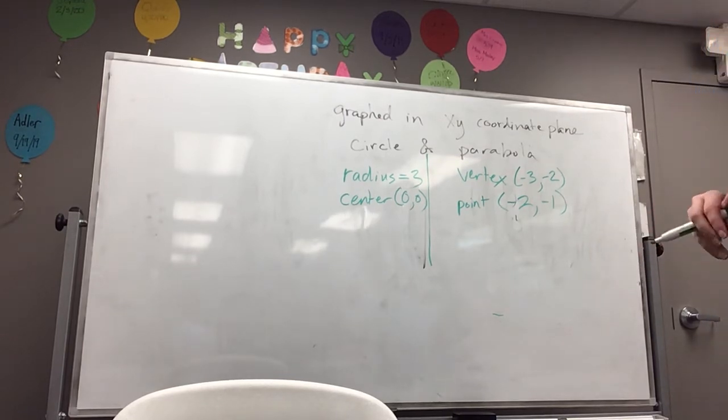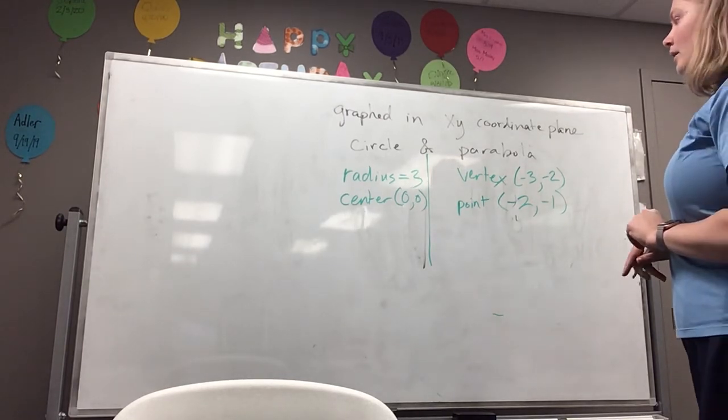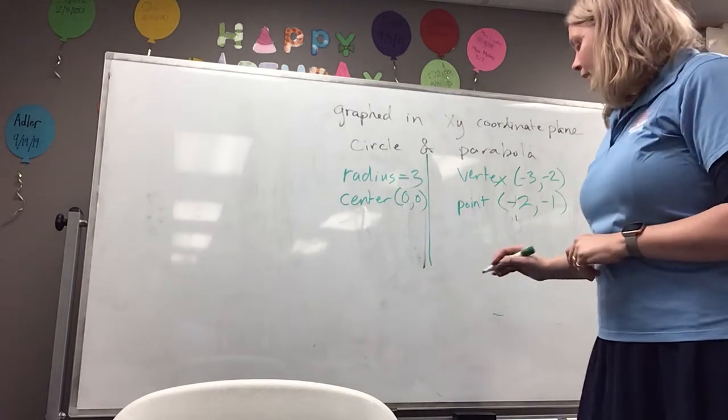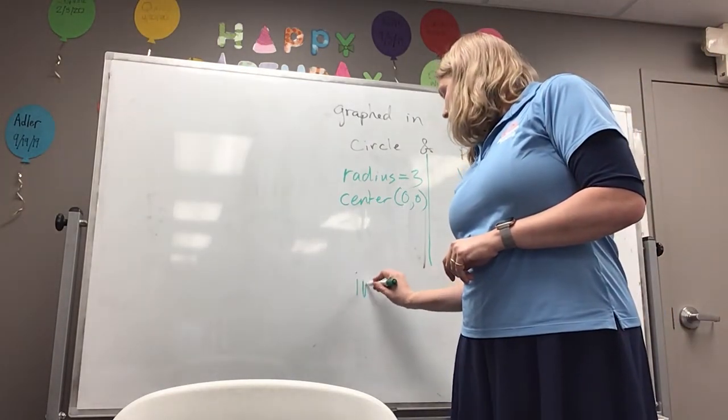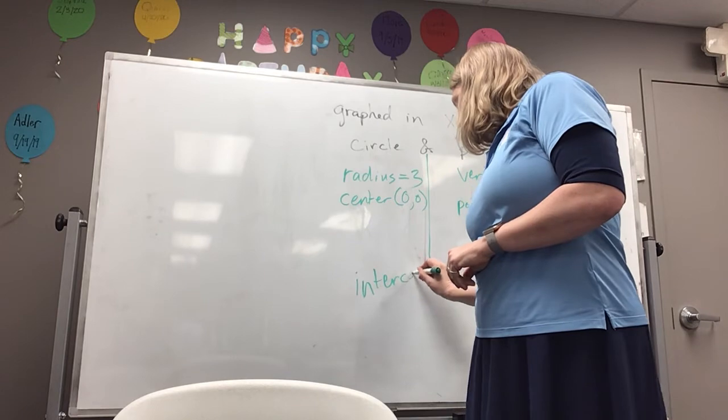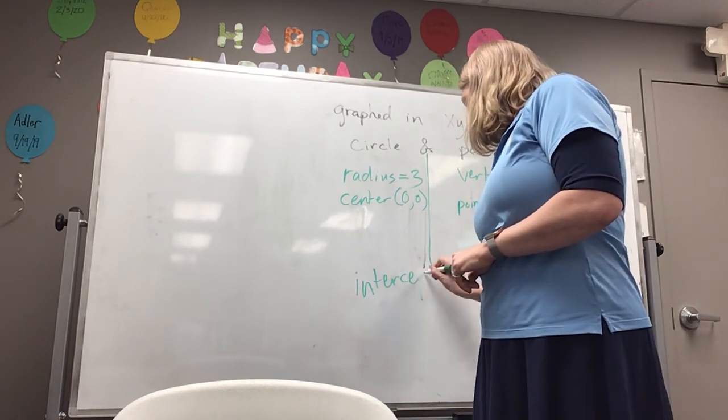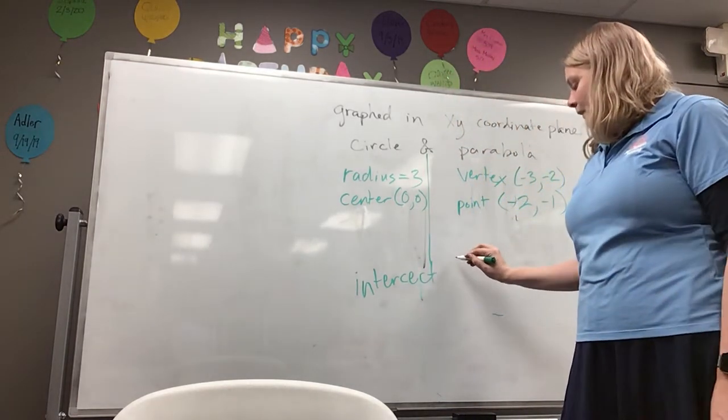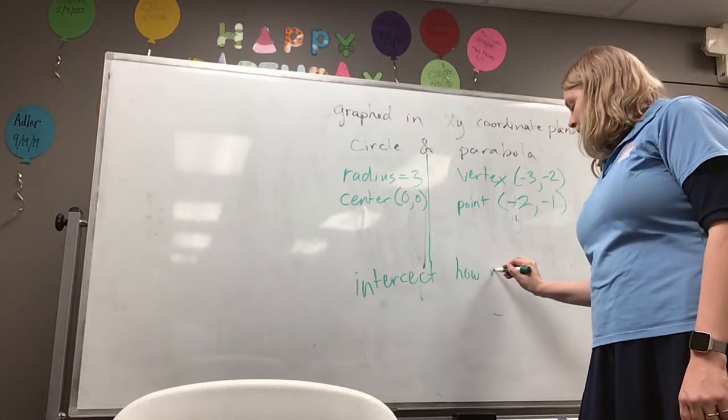The circle and the parabola intersect how many times?